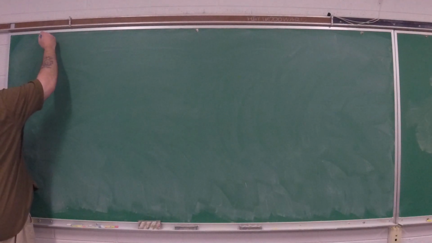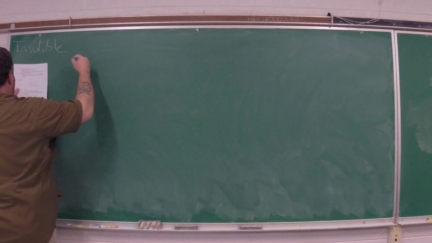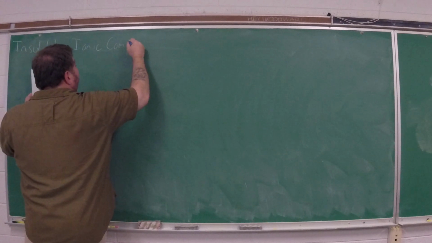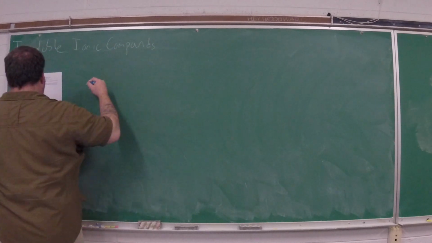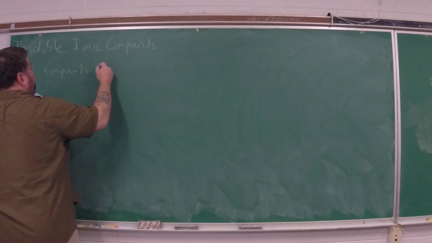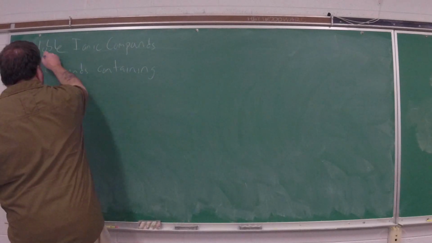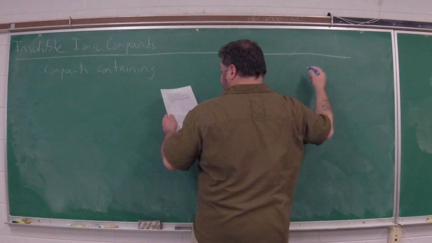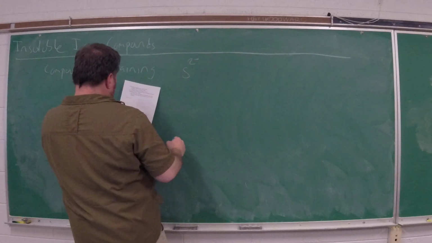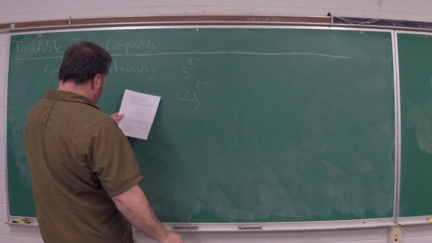This table is insoluble ionic compounds. And we're going to have compounds containing, here I'm going to write down, we're going to have the sulfide, have our carbonate.